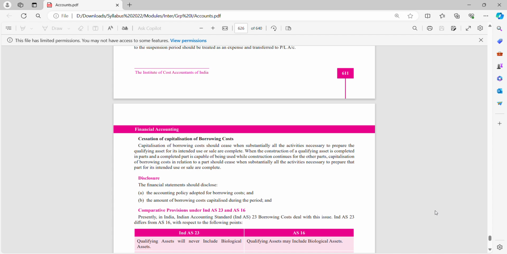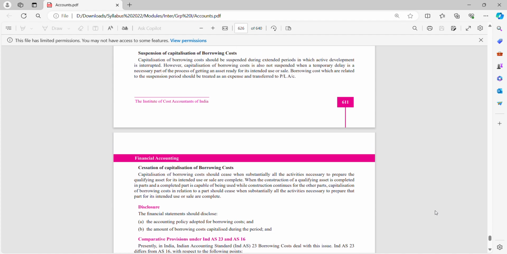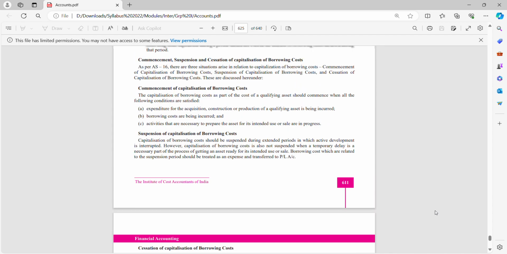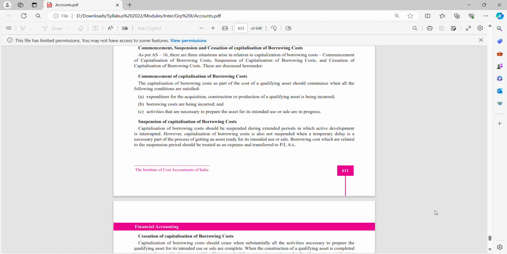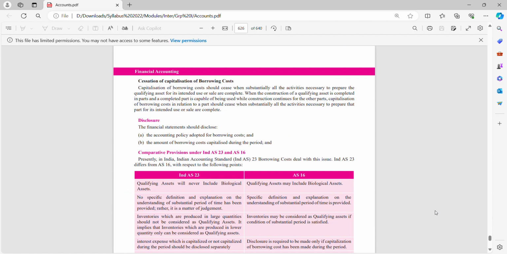When the construction of a qualifying asset is completed in parts and a completed part is capable of being used while construction continues for other parts, capitalization of borrowing cost in relation to a part should cease when substantially all the activities necessary to prepare that part for its intended use or sale are complete. So we have cessation, suspension, and commencement. Yes, three points. A quick read, I'll take a pause, then we'll start from disclosure.